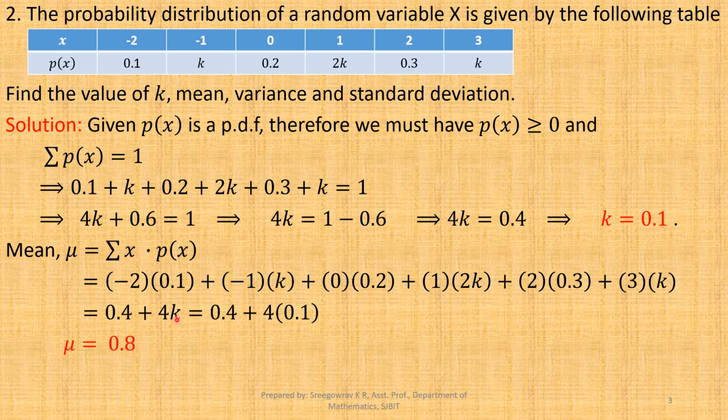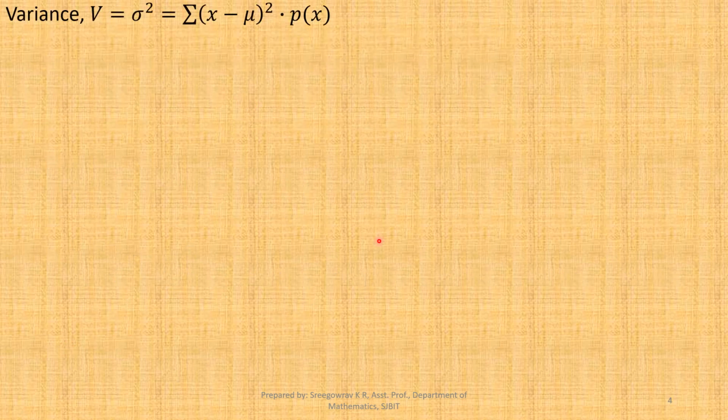So carefully simplify the value of mu, because the value of mu will be directly used in finding the variance and standard deviation. Now moving to finding the variance, v or sigma square is equal to summation of x minus mu whole square into p of x.